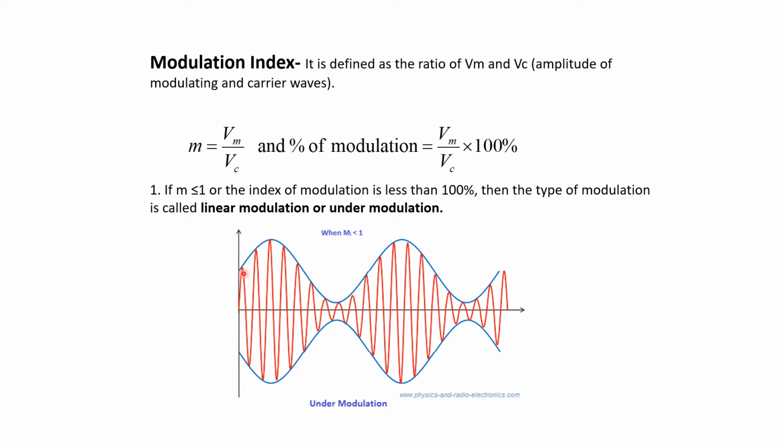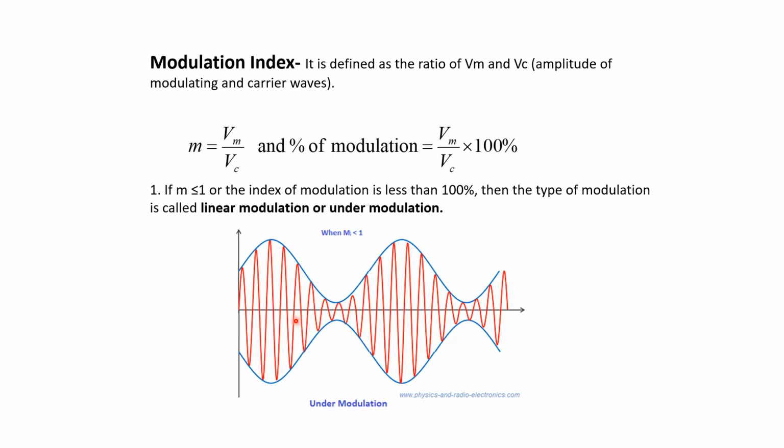Therefore, it can be seen from the figure that if the amplitude of the modulating signal is less than the amplitude of the carrier signal, then the envelope will not reach the lowest point, because when it is decreasing, it is not reaching the lowest point where the amplitude of the carrier signal reaches its lowest point.